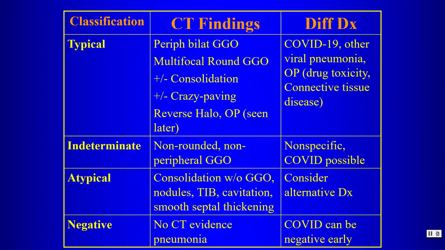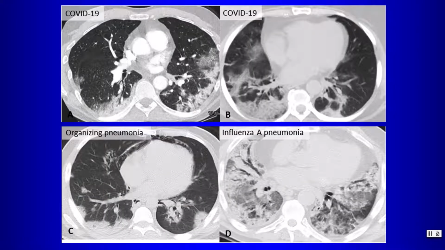Atypical appearances would include consolidation without ground glass opacity or predominantly nodules, tree-in-bud, cavitation, smooth septal thickening. And there can be cases where there is no CT evidence of pneumonia, although early cases of COVID can be negative. So those are the typical manifestations of COVID on imaging.